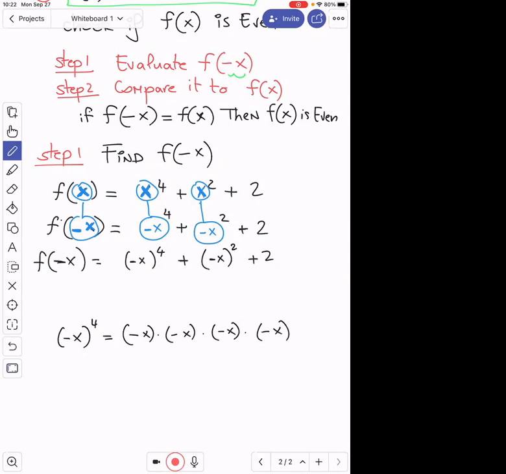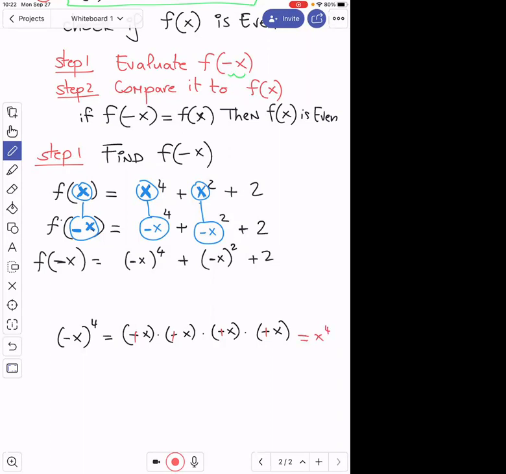As you know, negative times negative is positive, so each pair of negative signs gives a positive. I have 2 negative signs right here, so it's positive. So negative x to the power 4 is x to the power 4.